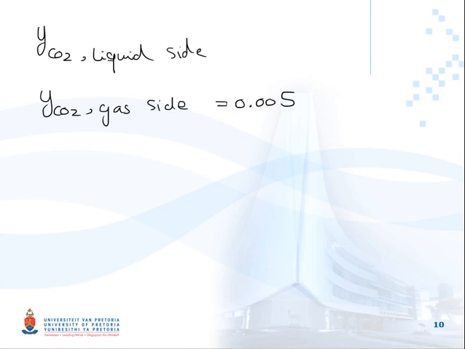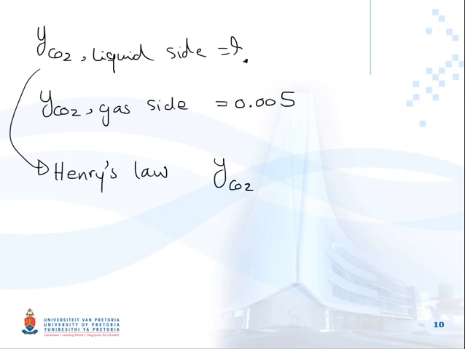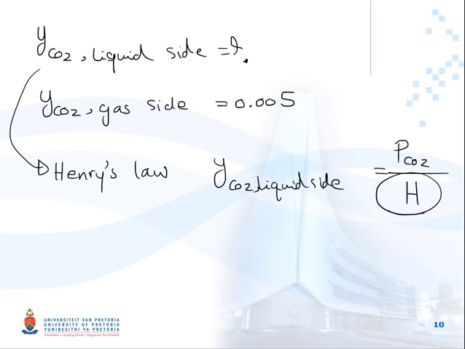Okay, so those are the differences. This one is what the question is asking us. For the liquid side, from Henry's law, y CO2 liquid side is equal to partial pressure of carbon dioxide divided by H. So H we can read from the table.